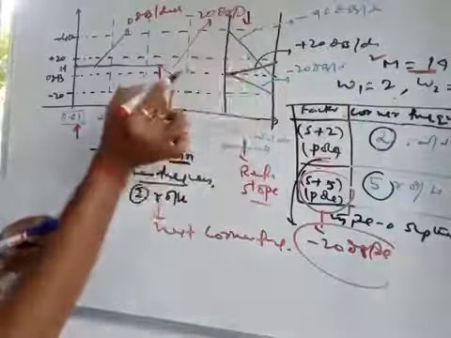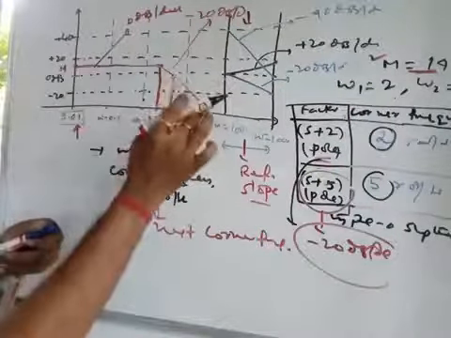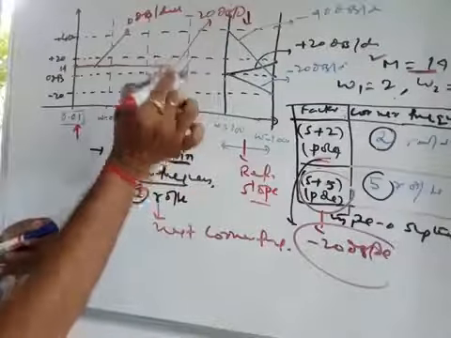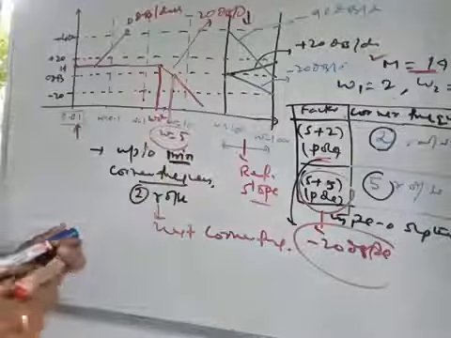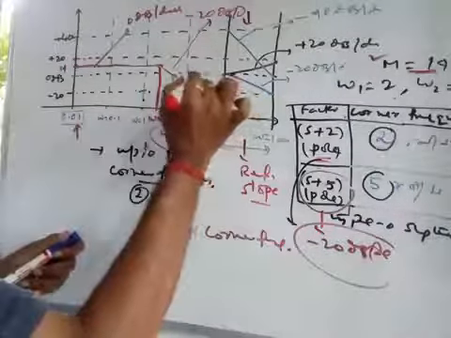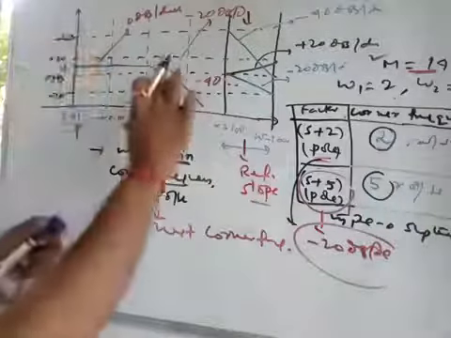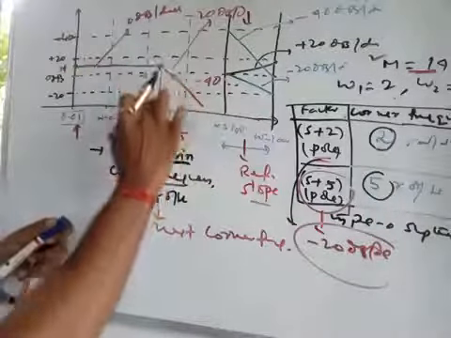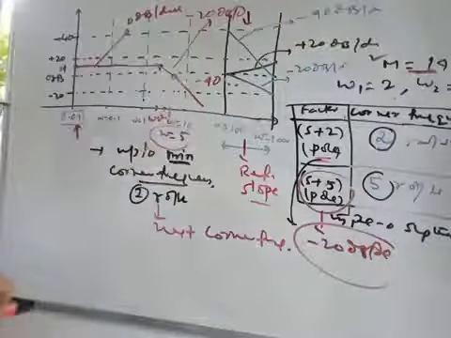So parallel to this line, if you draw a line, this is the slope which will be known as -40 dB per decade, right? So this is your omega is equal to 5 line, this is your omega is equal to 2 line. So these are the three slopes we get, right?